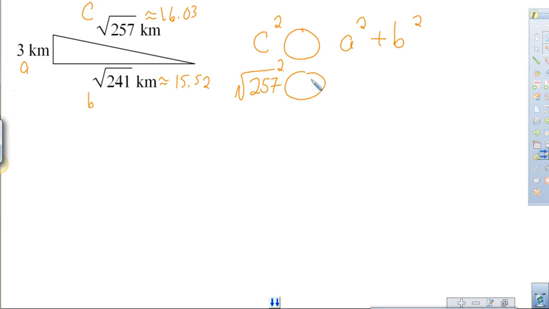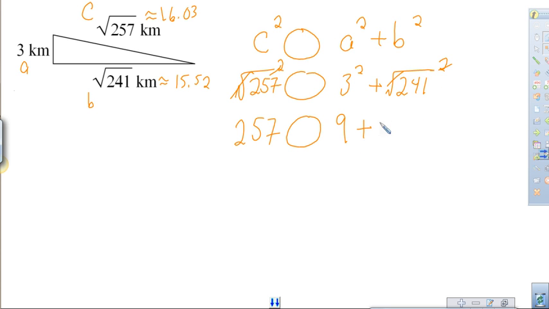So this guy squared, compared to 3 squared plus the square root of 241 squared. When we square these guys, that cancels it out. That just gives me 257. 3 squared is 9, and this guy squared is 241.